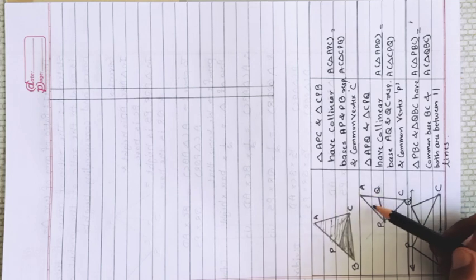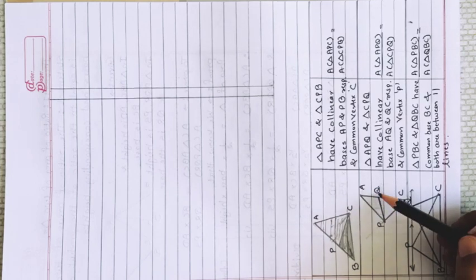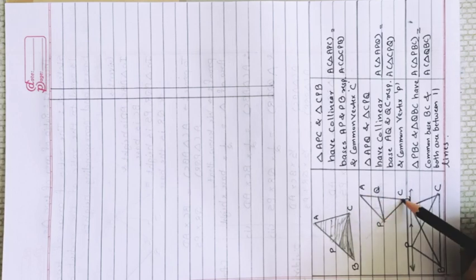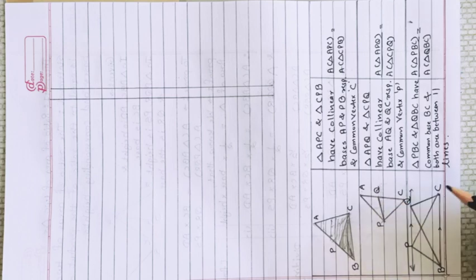In triangle APQ and triangle QPC, they have collinear bases AQ and QC and the common opposite vertex P, right? So what will be the same? The height of both triangles will be the same, whether you draw it or not.